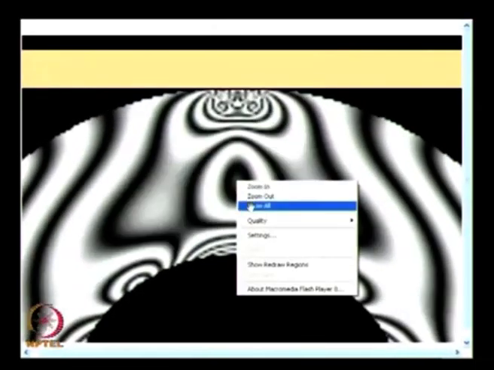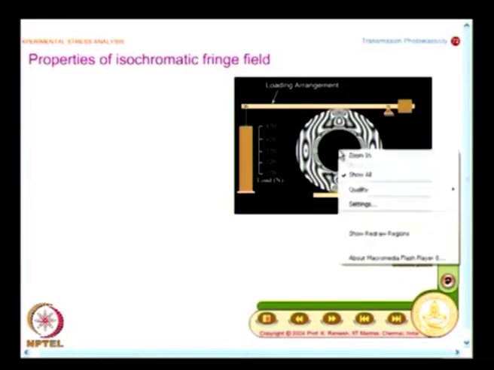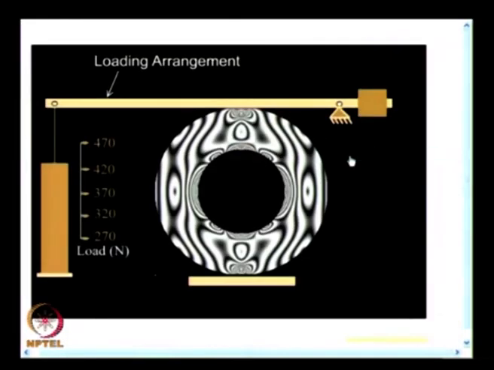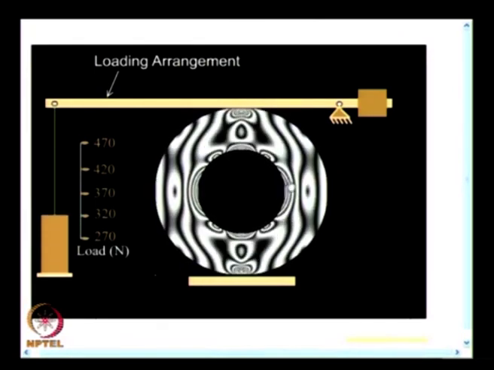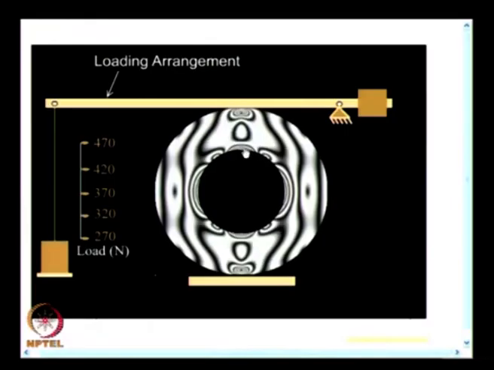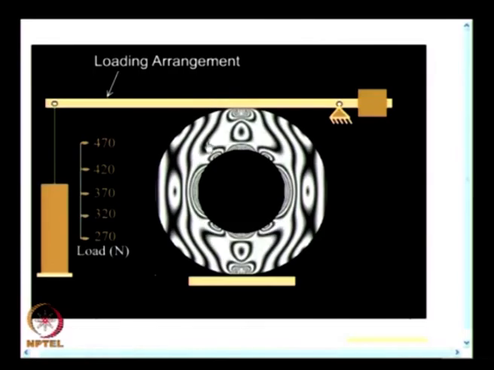And the other feature we have looked at is points where fringes originate. I have the fringe originating here, I have a fringe originating here, I have the load application point, and they move out.